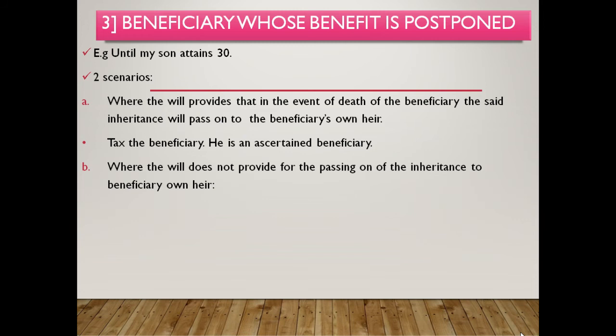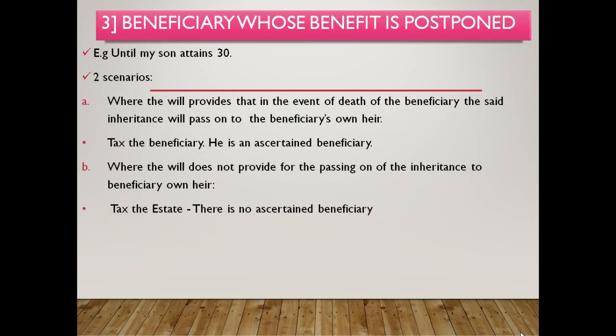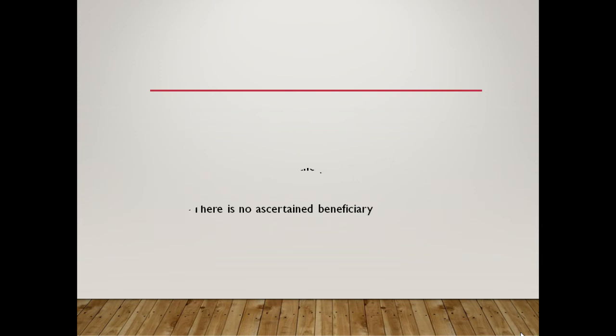So who do we tax in this case? We tax the estate. There is no ascertained beneficiary. So the second scenario is treated exactly the same way as the beneficiary with a contingent right. The first scenario, we treat the same way as an ascertained beneficiary.